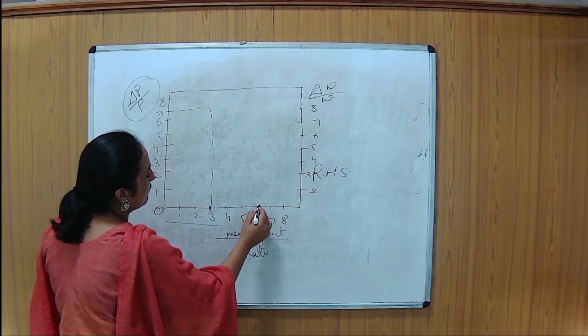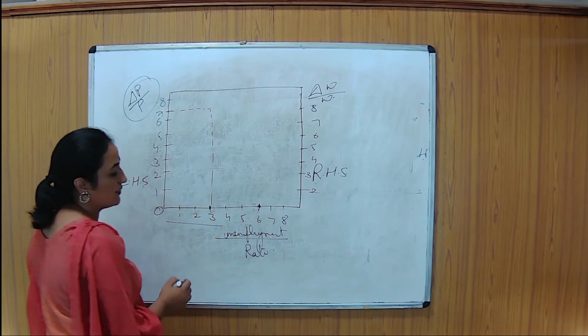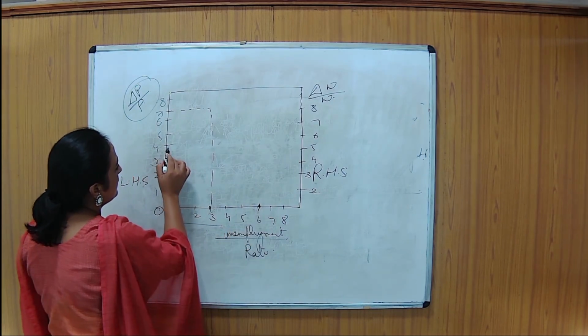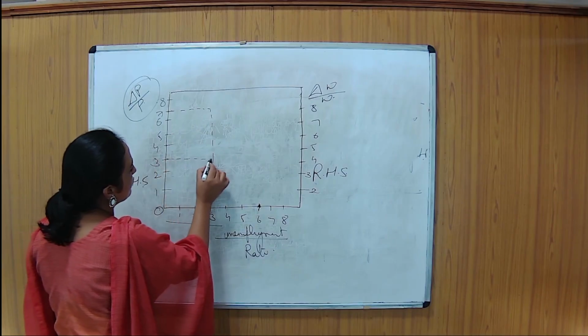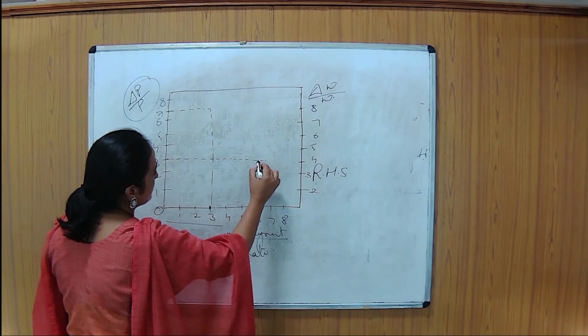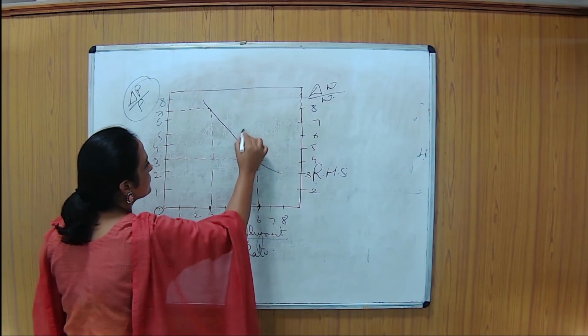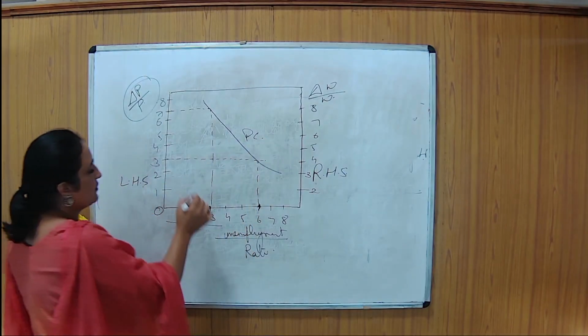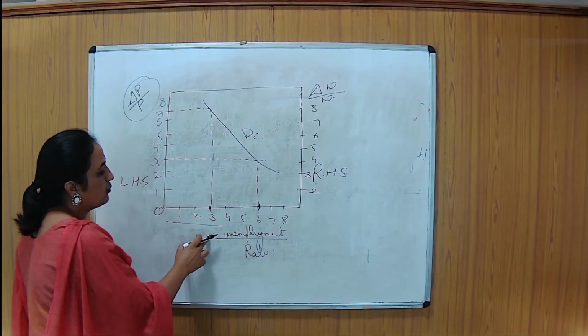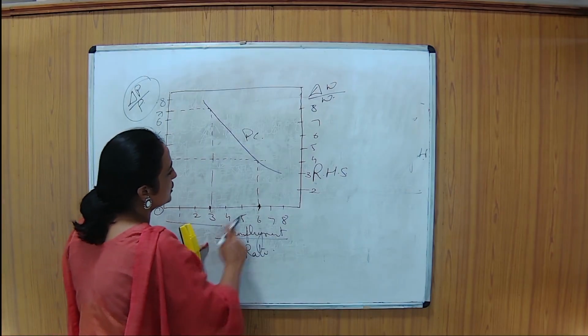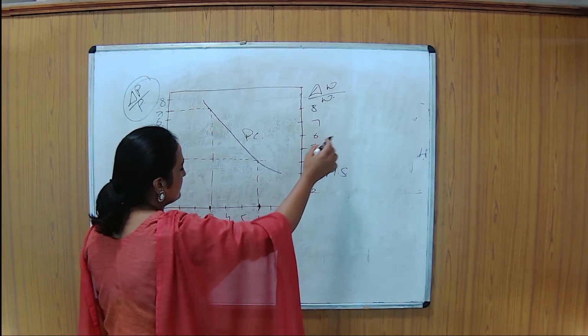I think I'll take 7. Sorry, 6. Then it will be 3. And you can say this is the downward Phillips curve. Similarly, when we take unemployment 3, then we check the wage inflation.